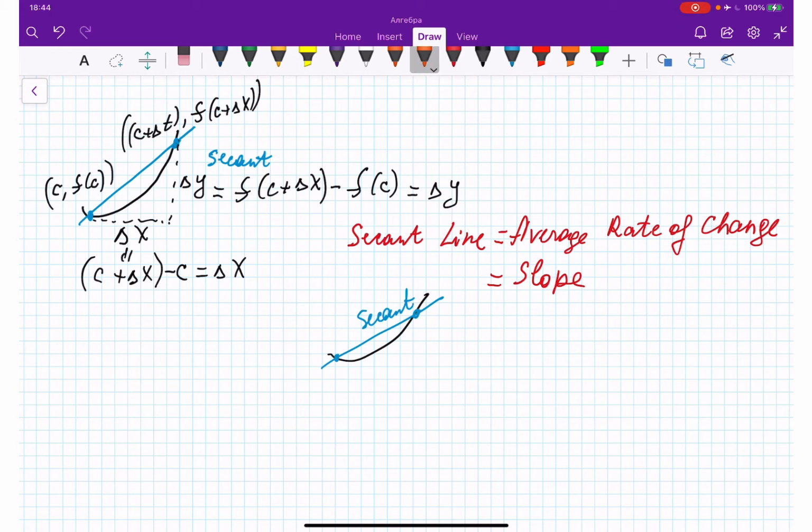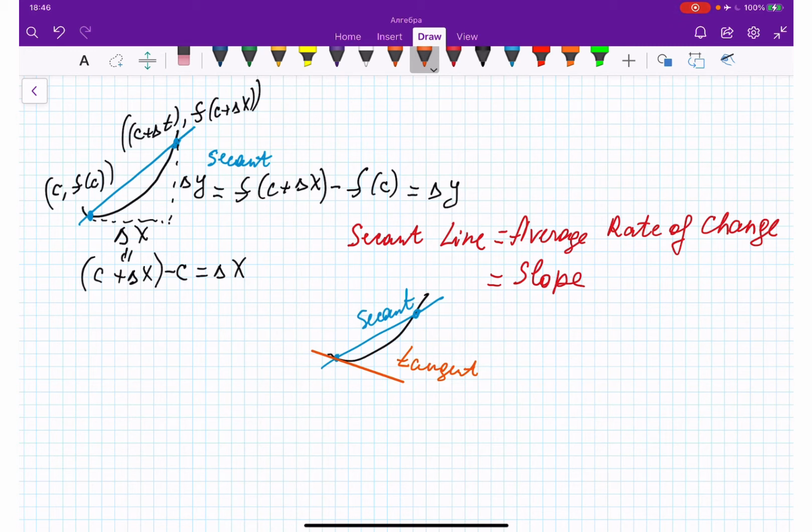And this is our tangent line. Well, it just happened that it is parallel. It doesn't necessarily have to be. Secant line, tangent line. And this is going to be our tangent line.